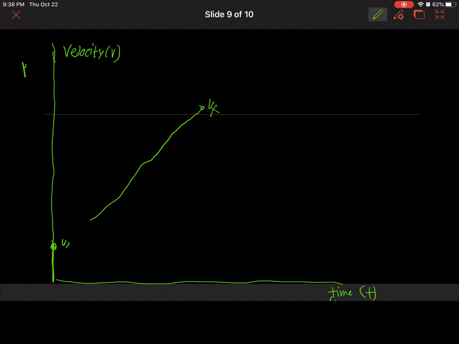Now we find the area of the trapezoid to find the distance that is covered. This, as you remember, is acceleration, this slope. So how do we find the area of this triangle? Well, we do height times distance, right?